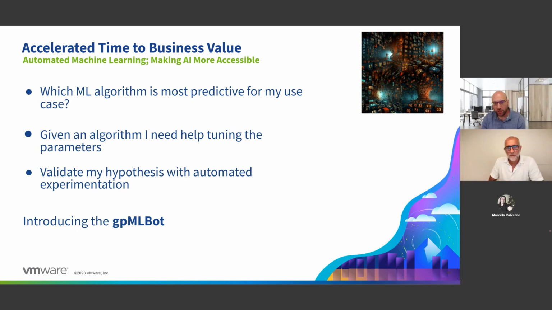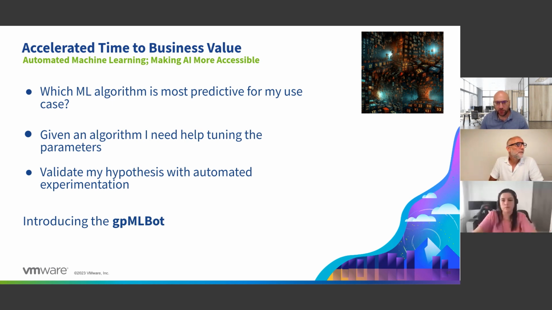So you have your data, but we want to produce business value quickly. So we're building an automated experimentation platform that will intelligently guide the users to run real experiments and to generate machine learning recipes for your business, so that you can get business value from it super quickly. And we'll have a lot more to say about the machine learning capability and the automated machine learning capability in the future.